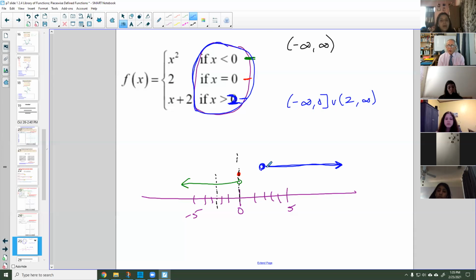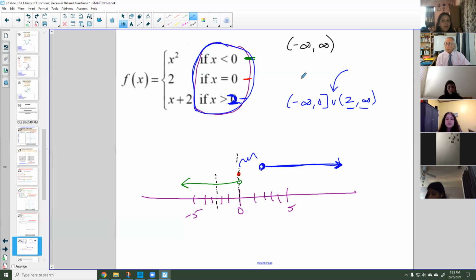So I don't start up again until 2, but then it goes all the way to infinity. Oh, okay, I see. Thank you. So this gap right here is kind of where the union is, right? I mean, there's nothing there. Yeah. Are you sure? Yes. All right. Thank you so much.